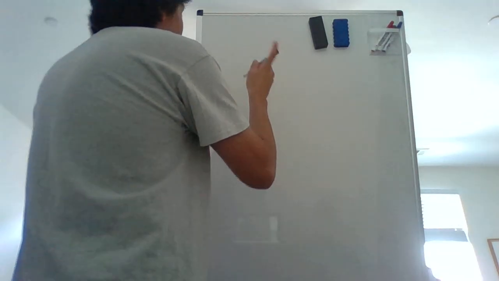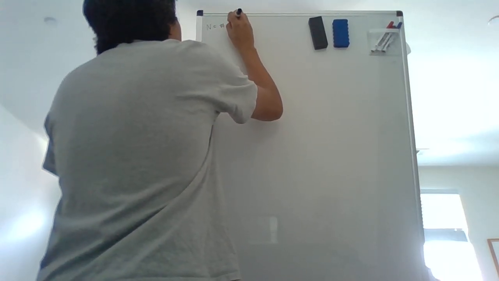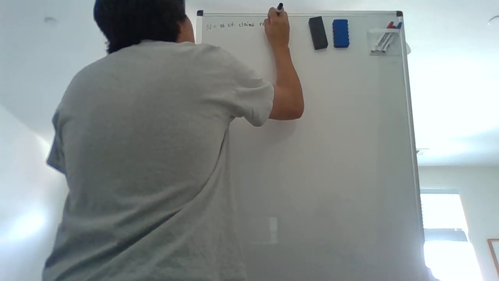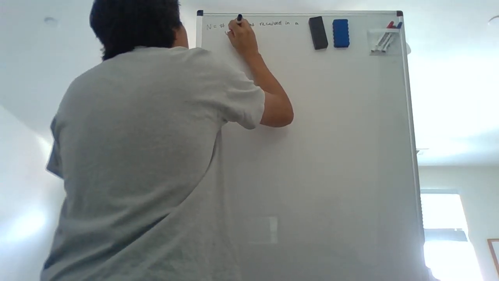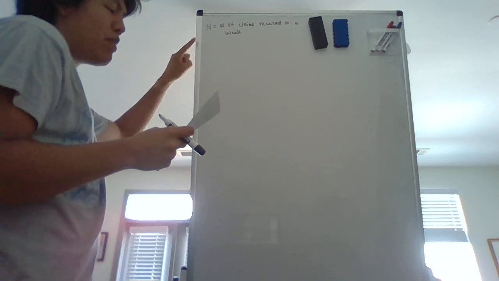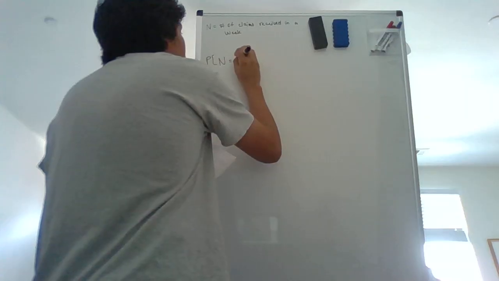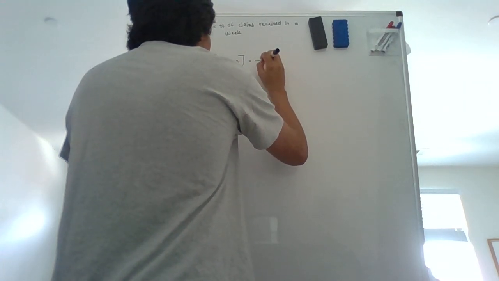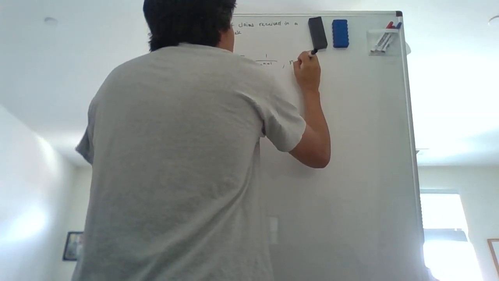So an insurance company determines that N, which is equal to the number of claims received in a week, is a random variable with the probability of capital N equaling lowercase n equal to 1 over 2 raised to the lowercase n plus 1, where lowercase n is greater than or equal to 0.